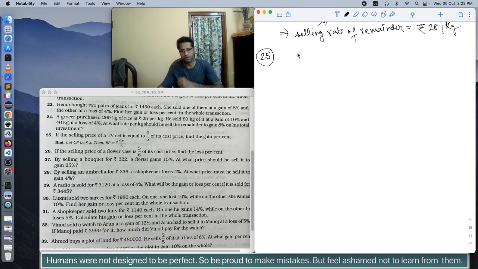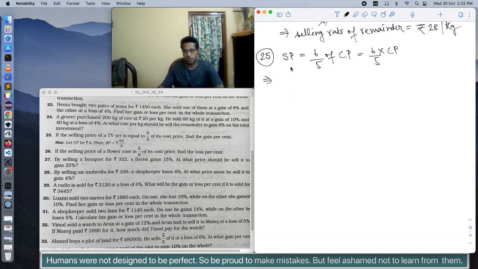It is given that the selling price is equal to 6/5 of the cost price. Now the word 'of' means multiplication. So this is 6 by 5 multiplied by CP. So this is the SP. And now it is asking what is the gain percent.